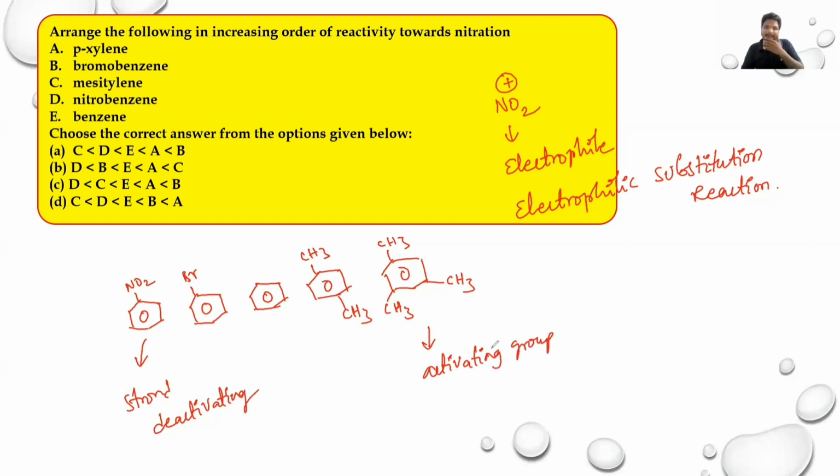In the presence of a ring activating group, the rate of electrophilic substitution is more. So the reactivity of the compound increases when a ring activating group is present on the ring. Here we have three methyl groups, so it has more activating groups. It will participate more in the electrophilic substitution.